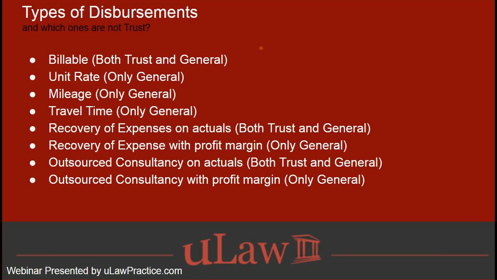But if it's unit rate, mileage, travel time, as well as expenses where you're expecting to have a bit of a profit or loss margin, whether it's third-party, outsourced consultancy, or recovery of expenses with these margins, then the general account is better suited for that. Okay?